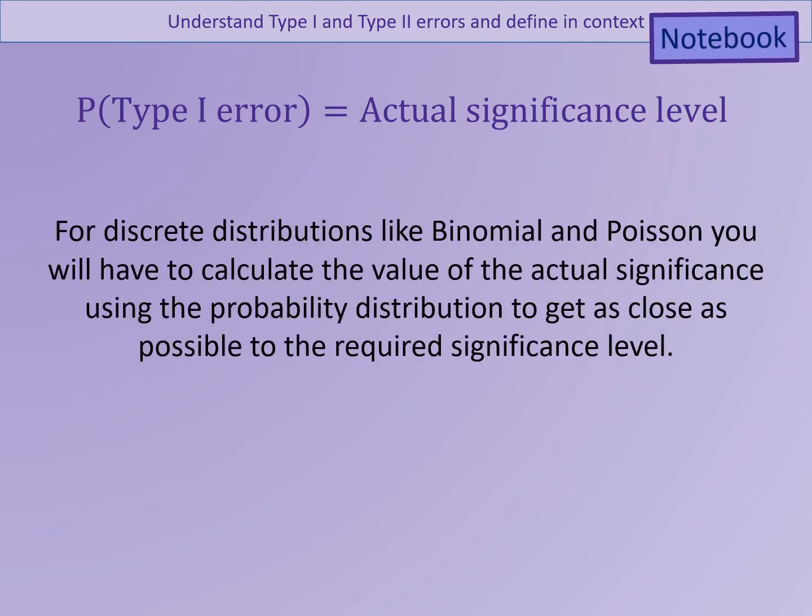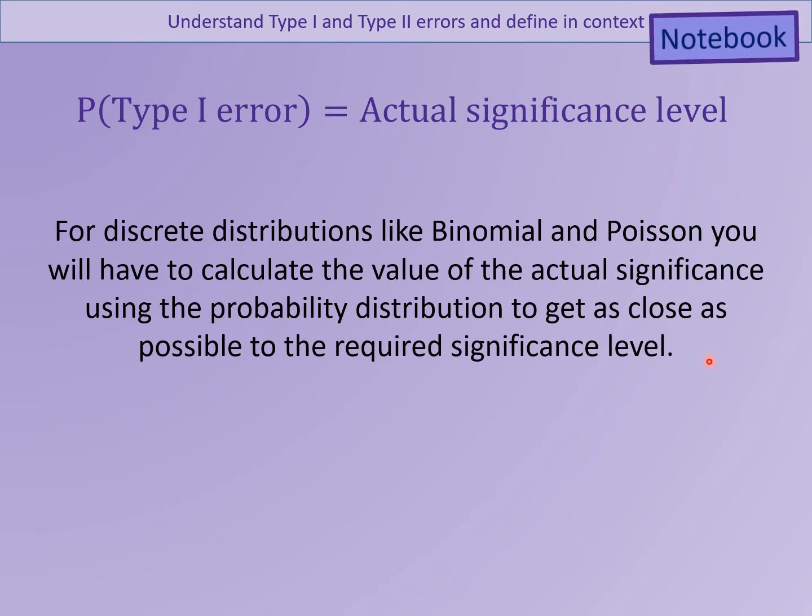For example, in the binomial and Poisson, although in the previous examples we wanted 10% and 5%, you'll notice that our final actual probabilities of the type 1 error were not those. Those weren't the actual significance levels. So for binomial and Poisson, or any discrete random variables, you calculate it depending on where you cut off and accept or reject the null hypothesis.